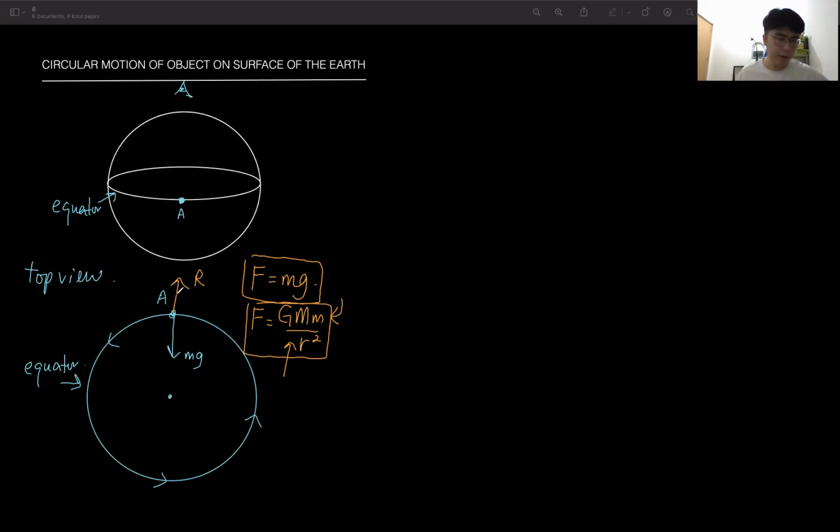Now, so we have R, mg, centripetal force Fc equals to the resultant acting inward, so mg minus R. Or you can write GMm over r squared minus R. That is also correct. So mg minus R, then we get R equals mg minus centripetal force.